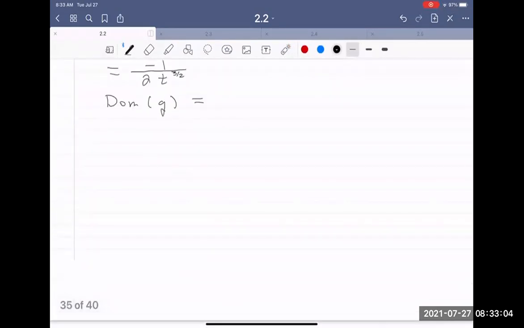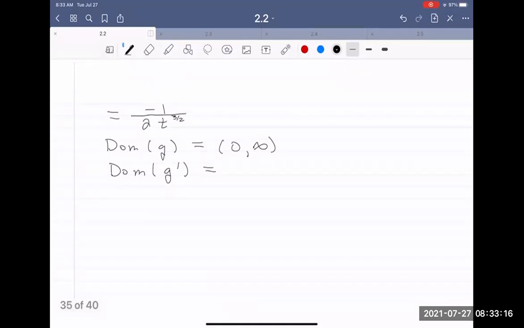So the domain of G is 0 to infinity. The domain of G prime, well, it's the same situation. I don't want to divide by 0. I don't want to take square roots of negative numbers. And so the domain is 0 to infinity.